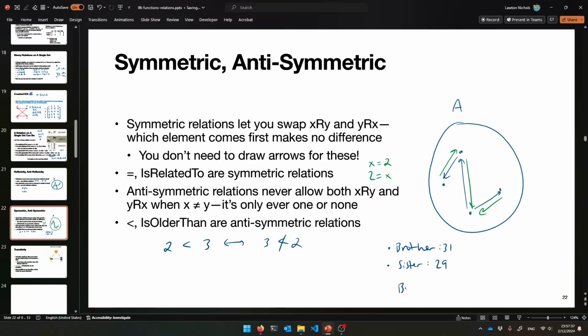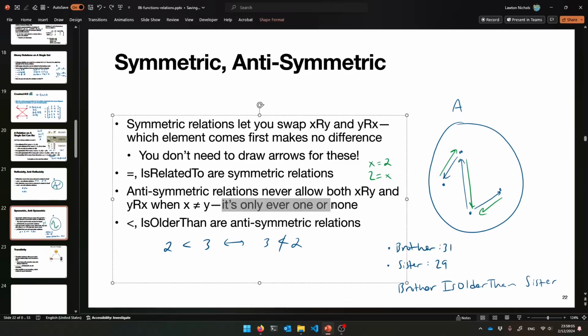So it's true that brother is older than sister under the "is older than" relation. But do you see how once you've said one side, it's never true that the other one's true, right? It's never true that sister is older than brother with this kind of relationship. You see that? So "is older than" goes one way. You only got one way. It's not reversible. Okay? So that's what it means to be anti-symmetric. It's only ever one or none.